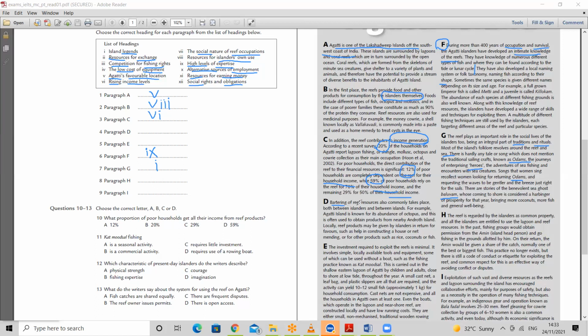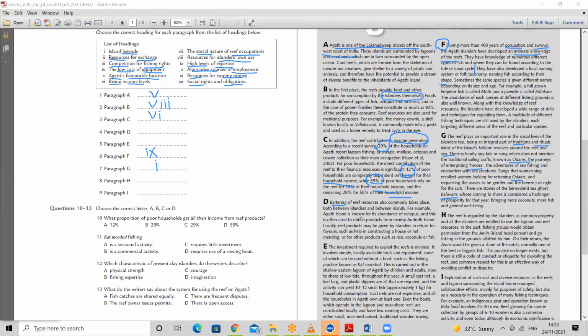It says that barter-free resources also commonly take place between the islanders and the islands. So there's a system between the islanders and the islands called bartering. What exactly is bartering? They give an example here.